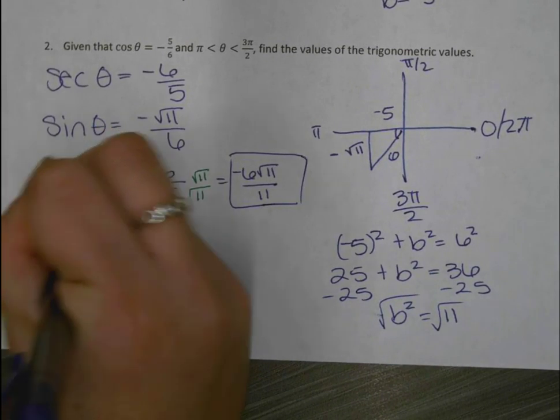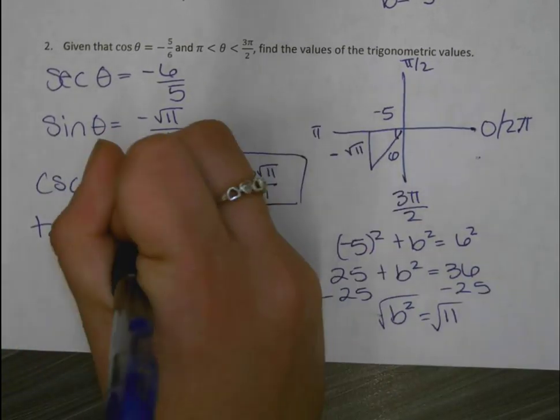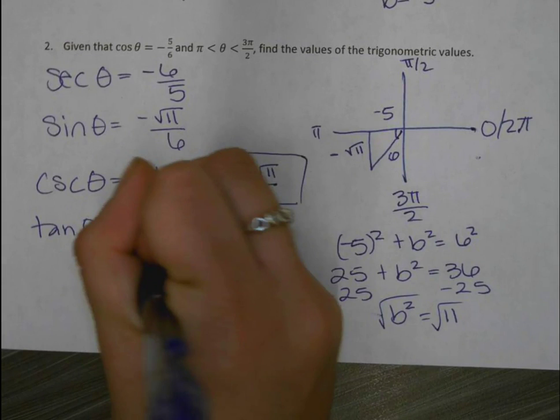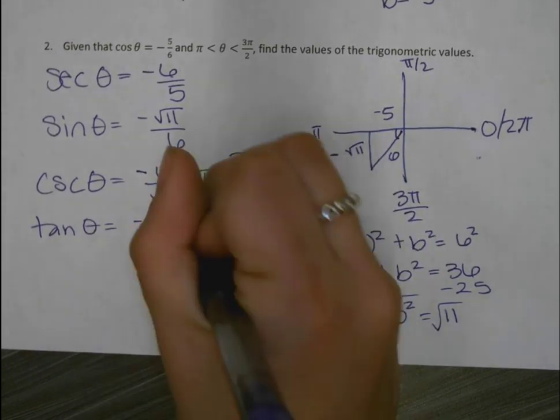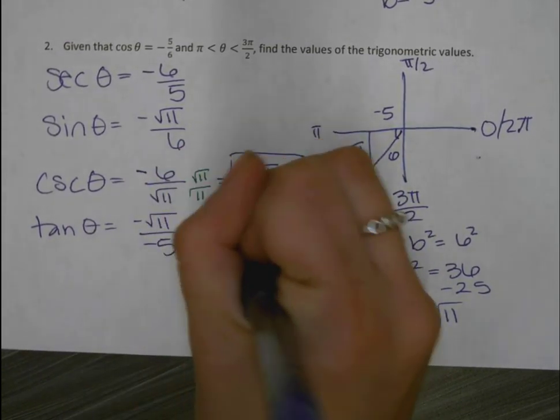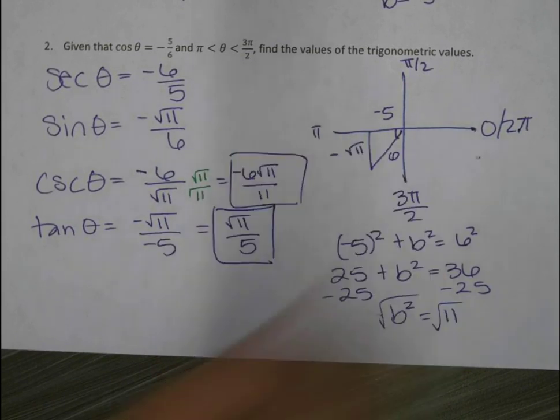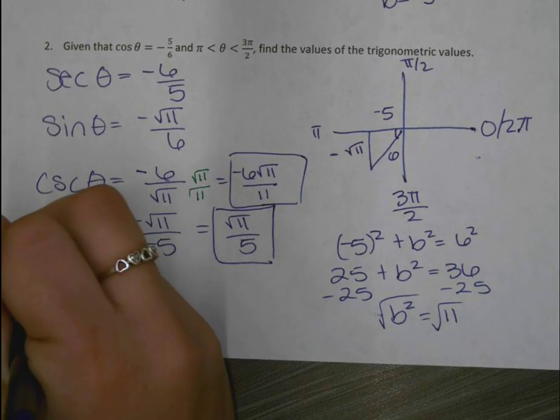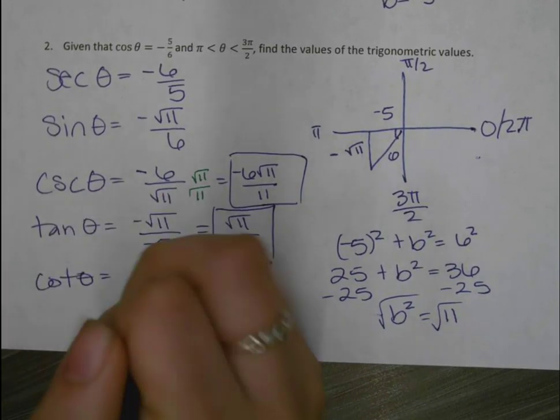So when I go to find tangent, my opposite is negative square root 11 over negative 5. So double negatives is going to turn it positive. And then cotangent, I switch this.